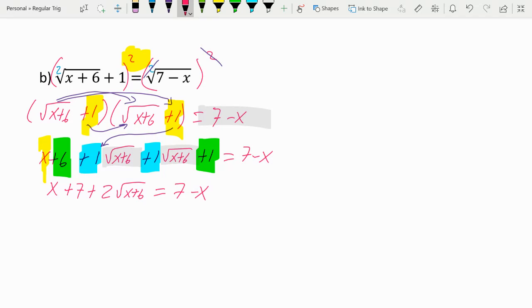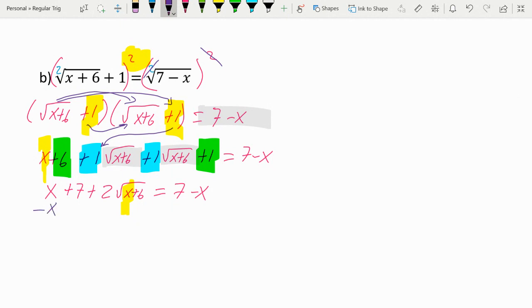Just like last time, I want to get to this square root. I need to get rid of everything else. So I'm going to get rid of this x plus 7. Of course, I always erase way too much stuff. How do I get rid of it?